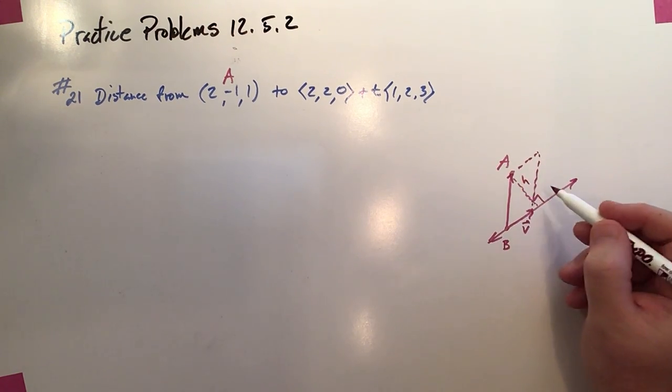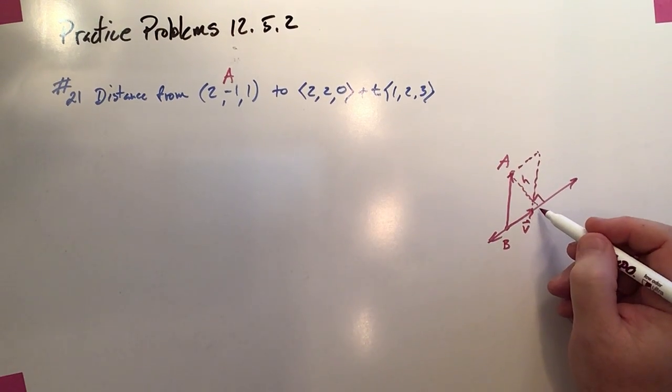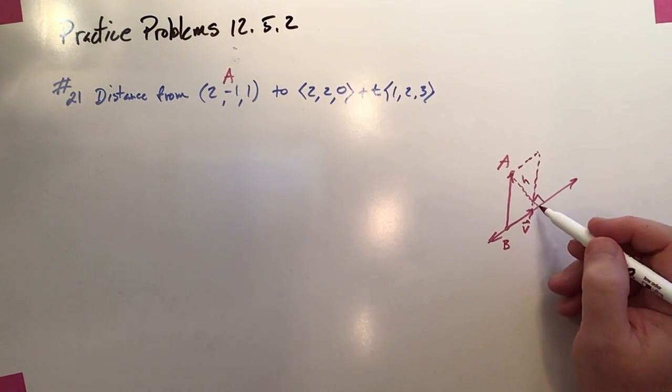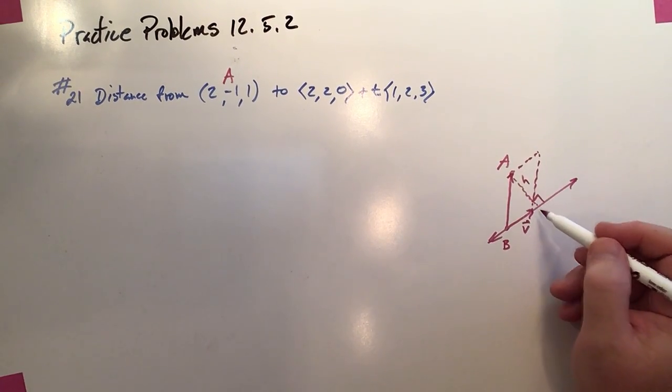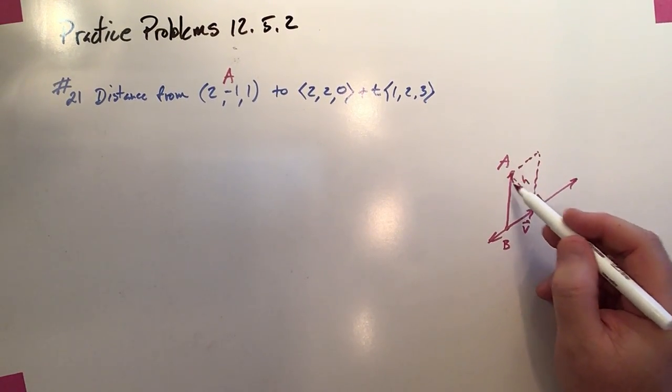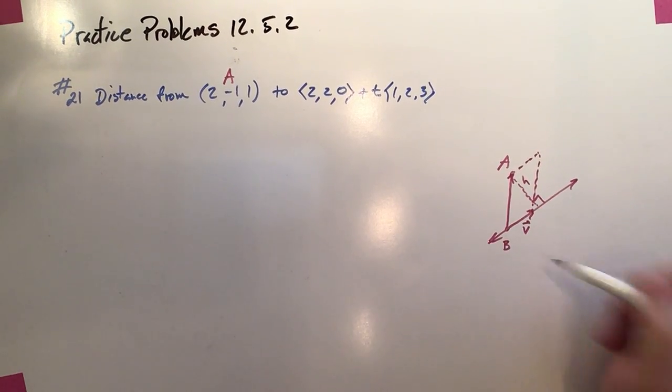And of course, the height, that line right there, that's exactly what we want. That height will in essence give me the length of the projection of vector AB onto the perpendicular between point A and this line. Okay, so let's go ahead and proceed.